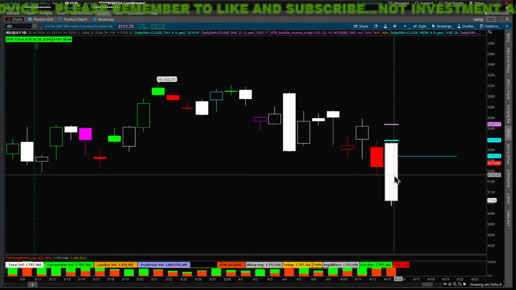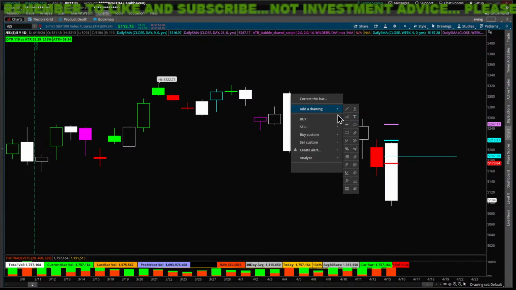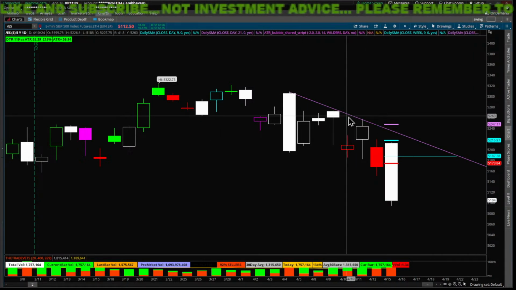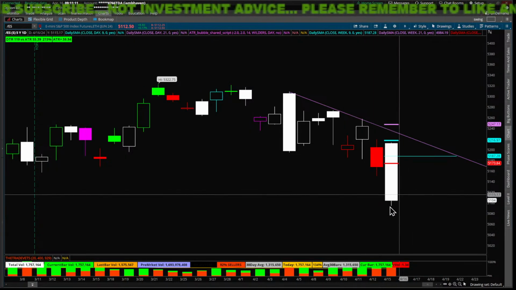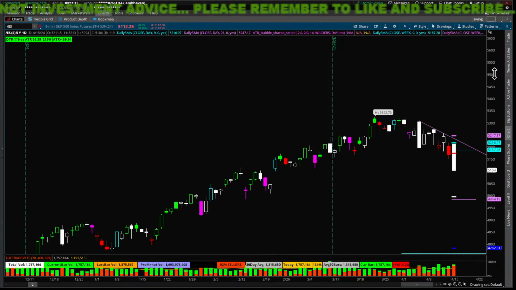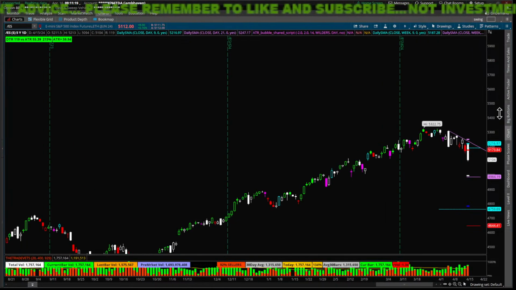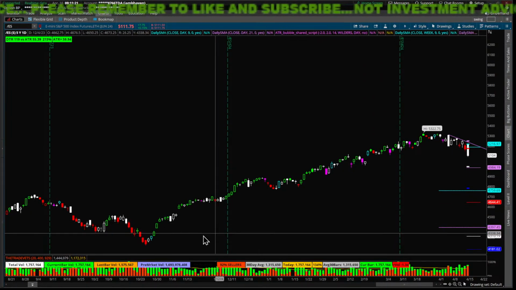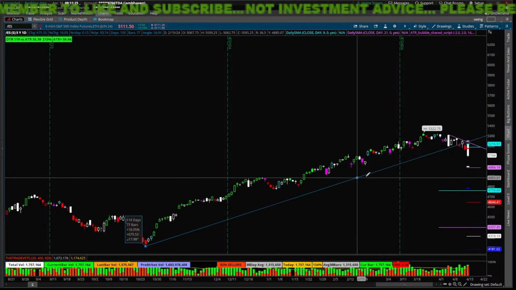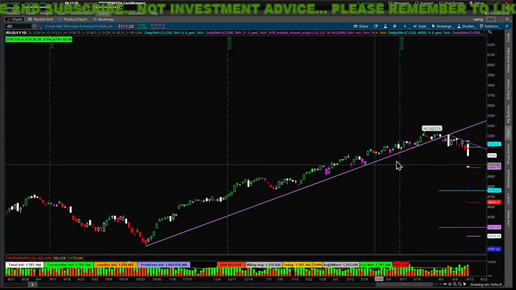Switching over to the daily, see yesterday didn't quite get above the previous day's high and made a lower low. Now we're getting one time framing lower here on the ES. Little trend line starting to form here. So remember we had this trend line on the way up. That was a long trend line. Right?